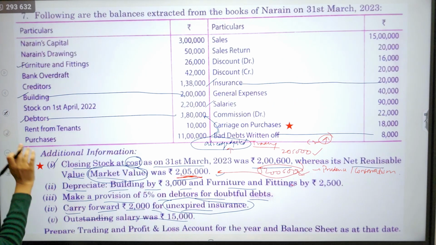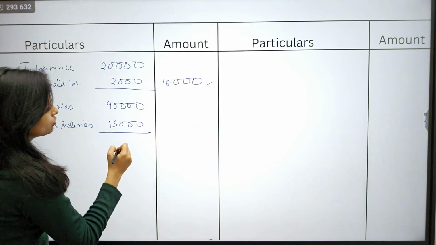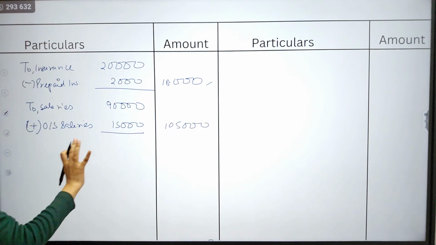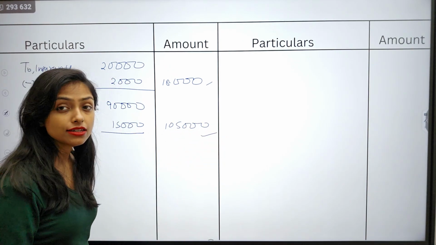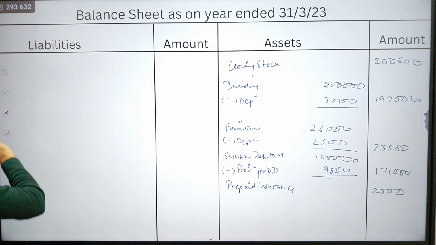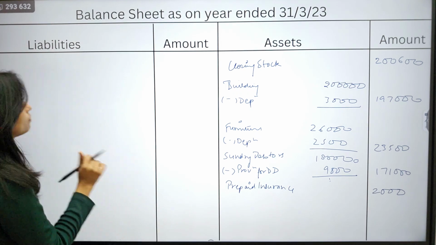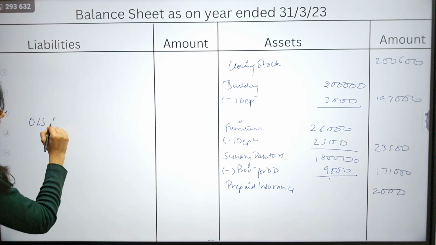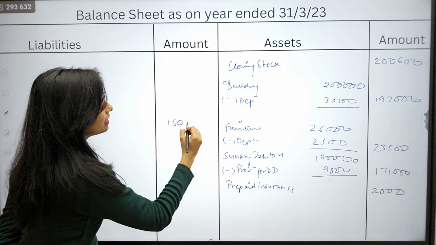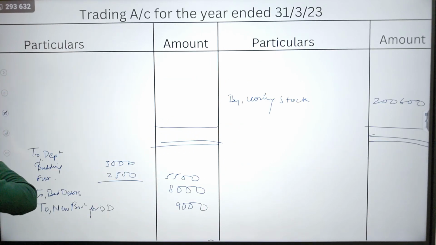This was 15,000, right? Yes. So this becomes how much? 1,05,000 in total. This should be my actual salary that I write as my expense in the current year. Also, I'll have to show it as a liability because I have to pay it in the future. So outstanding salaries only 15,000 rupees.